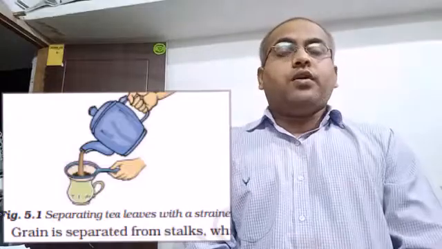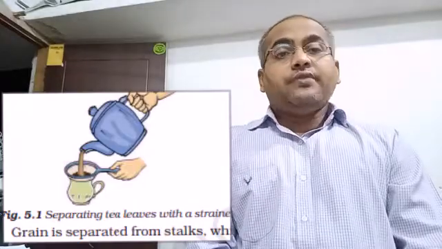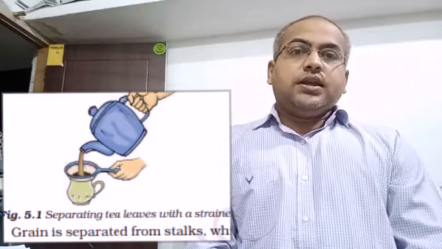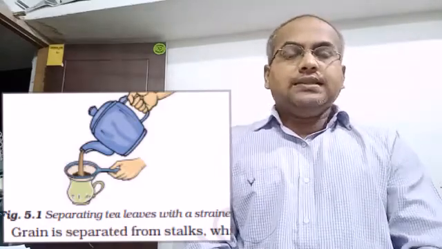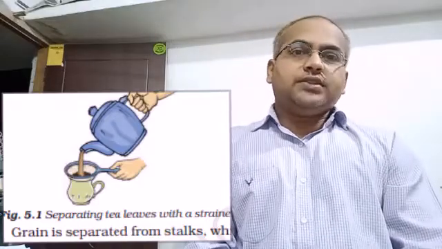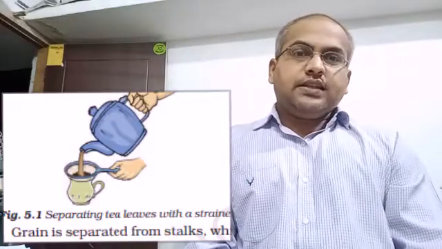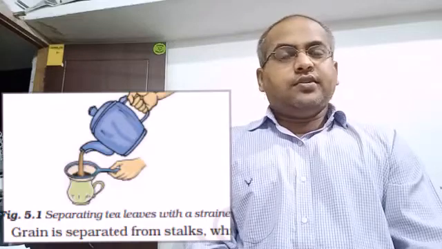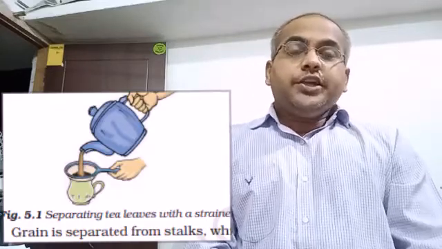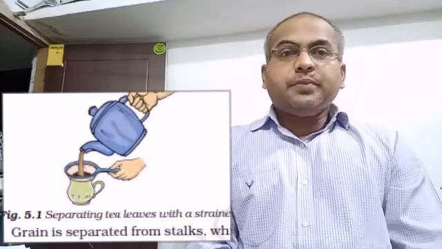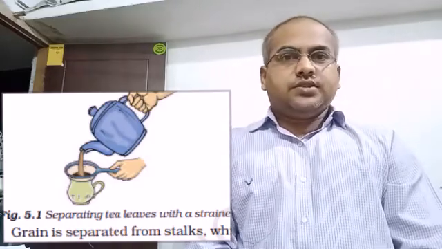One more best example, you have seen our mothers. They churn the milk or the curd and they take out the ghee from that curd. And we enjoy ghee on a regular basis, you know that very well. So this churning process also helps in the separation of substances.